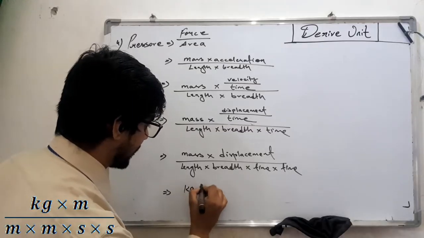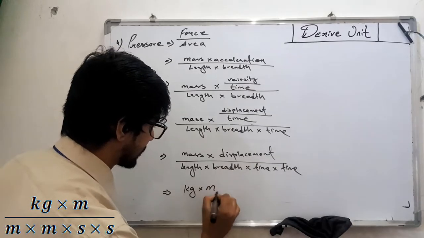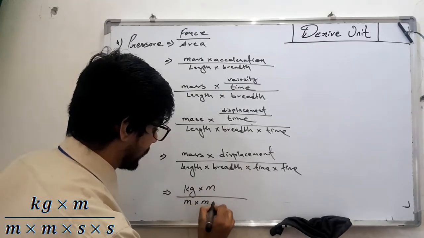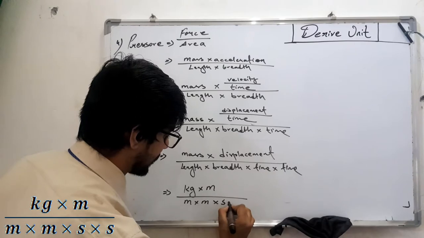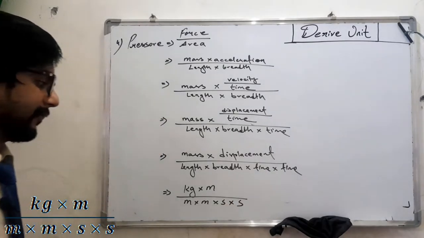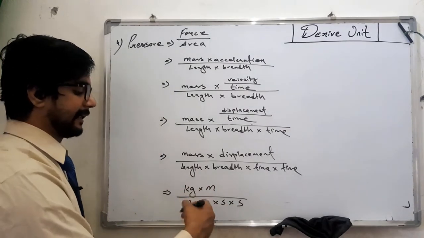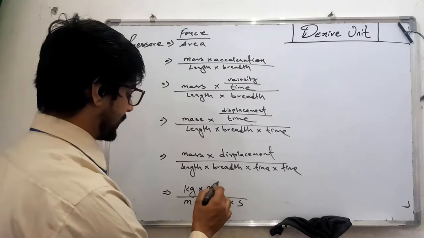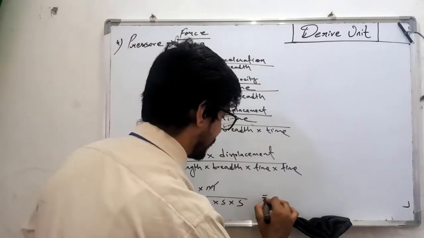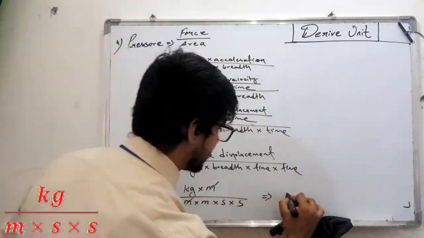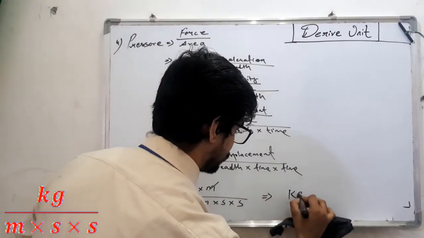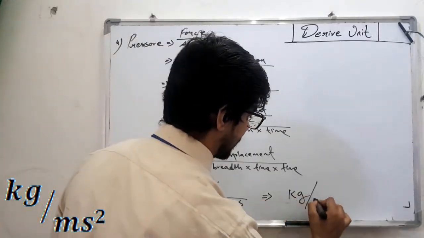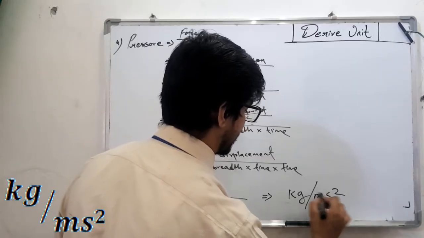See now kg, displacement unit is meter, length and breadth unit is meter, and there are two times, so second into second. Now you have to see whether any terms can be cancelled or not. If they can be cancelled, we cancel them, and if you condense the remaining, you will get kg per meter second square.